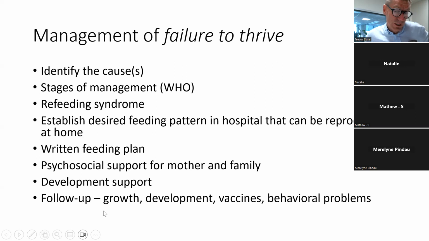And all of these children need follow-up for their growth and their development and whether they've had their vaccines, and sometimes behavioural problems because they have come from families in which they've been failing to thrive, and they may be at more risk of having some sort of mental health or behavioural problems in later life.